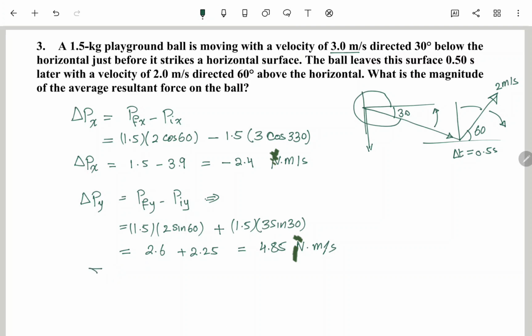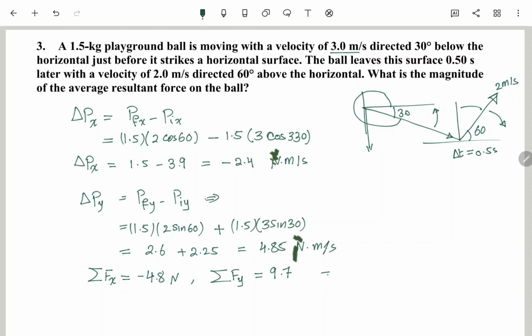Now, sum of all forces on x equal to, now on x it's delta px divided by the time interval, which is in this case equal to 0.5. So it's equal to 4.8 newtons with minus sign, and sum of all forces on y equal to 9.7, which is delta P, 4.85 divided by 0.5.